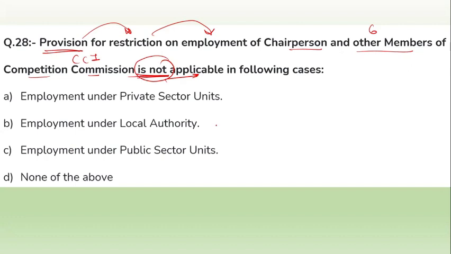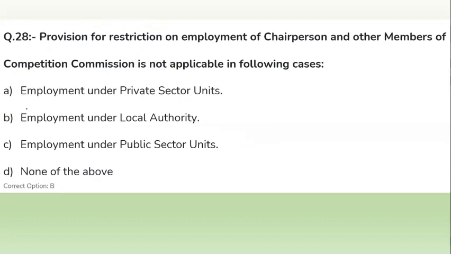Private sector is included in the employment restriction, public sector is also included, but a local authority is not applicable. Employment under the local authority does not come under the CCI provision. So option B is the correct answer.